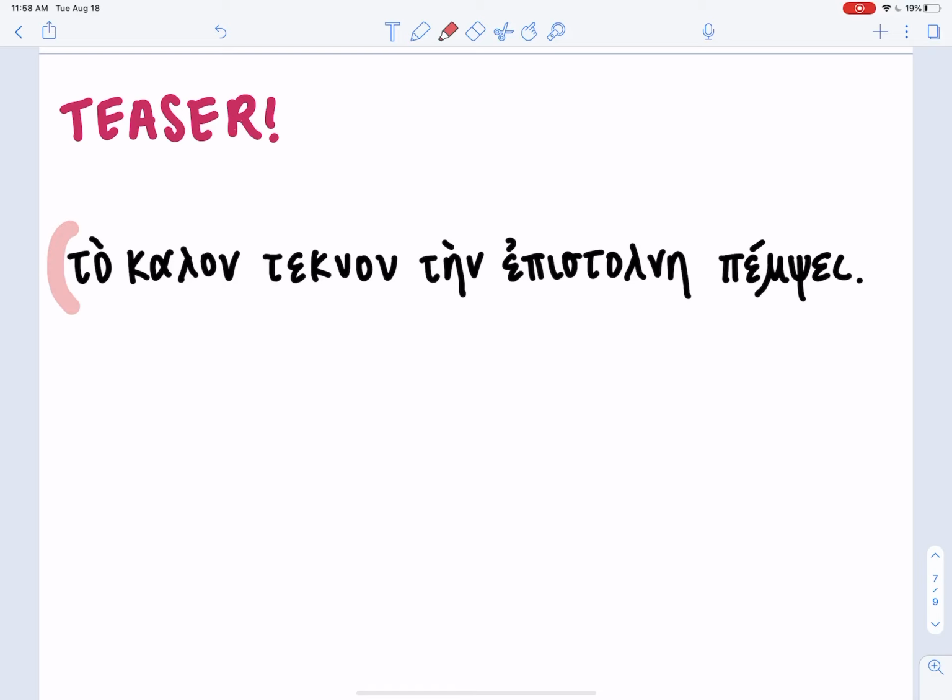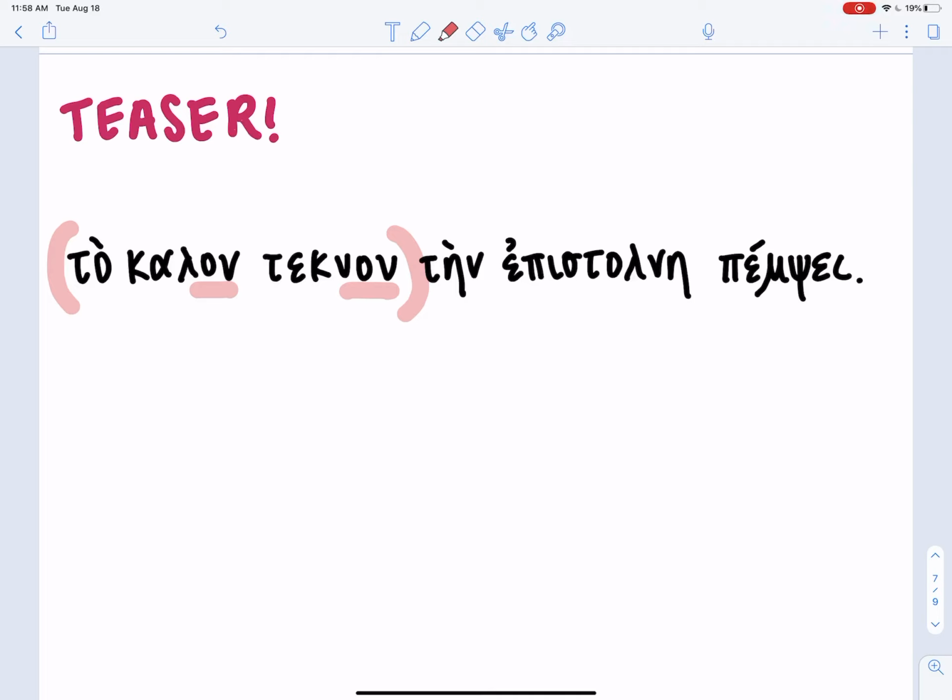So to kalon teknon is actually our subject. And you might be thinking, well, didn't we just learn that the on ending is accusative singular for second declension masculine nouns? Well, yeah, but teknon is neuter.